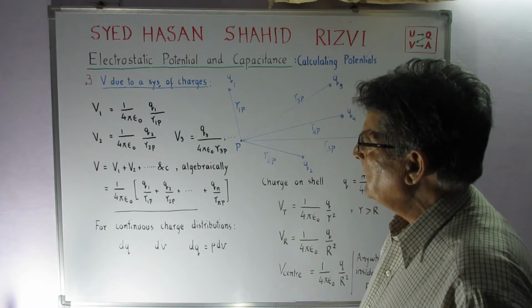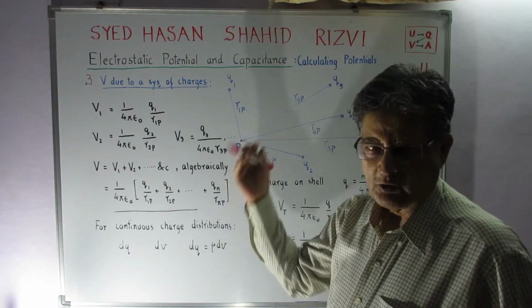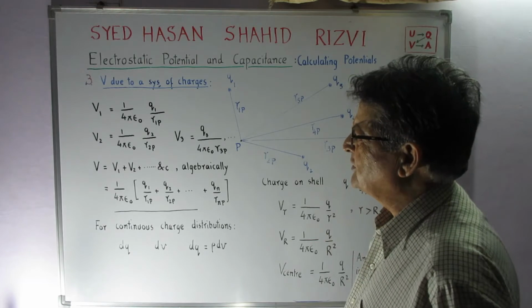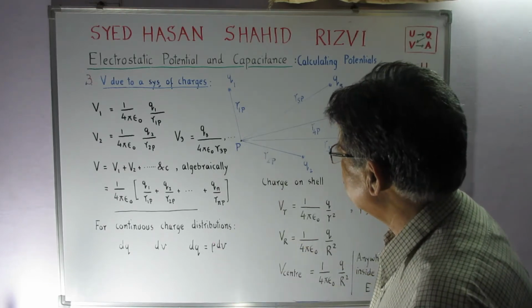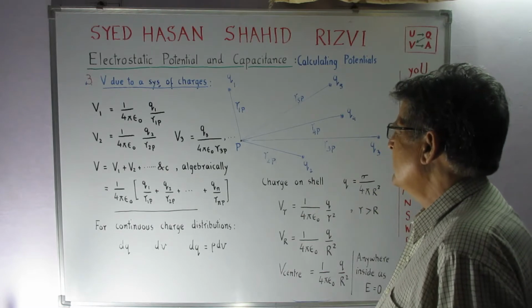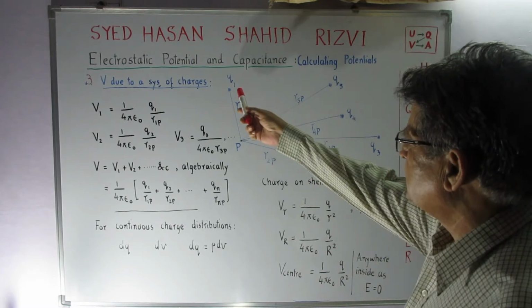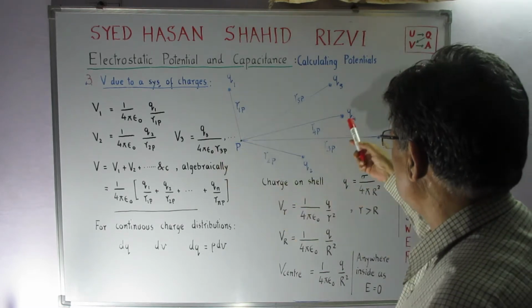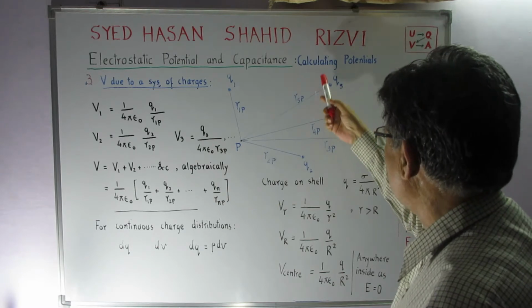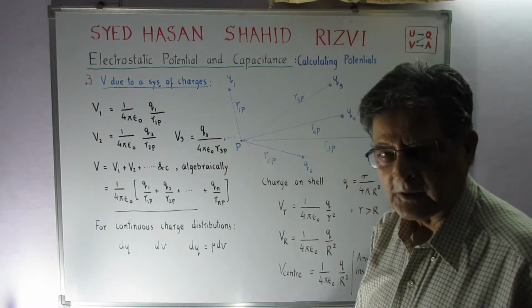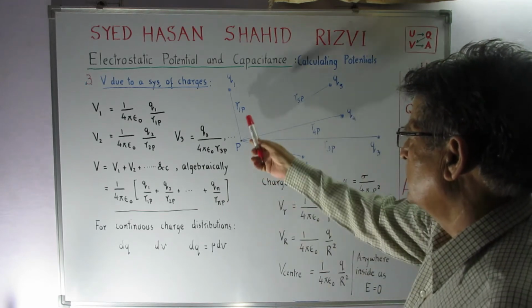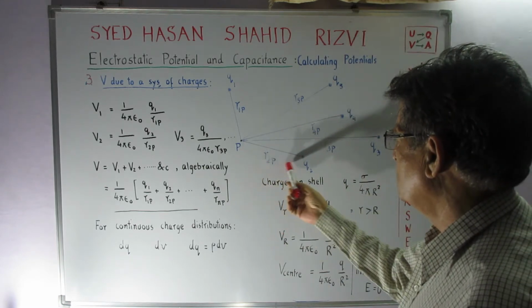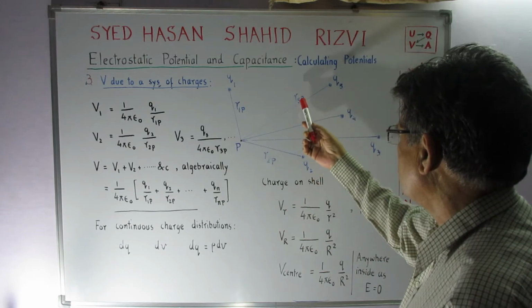I went slowly and now I can go fast, because this extends to a case where I have several charges Q1, Q2, Q3, Q4, Q5, Q6, etc. which are at separations R1P, R2P, R3P, R4P, R5P, etc. from this point P.